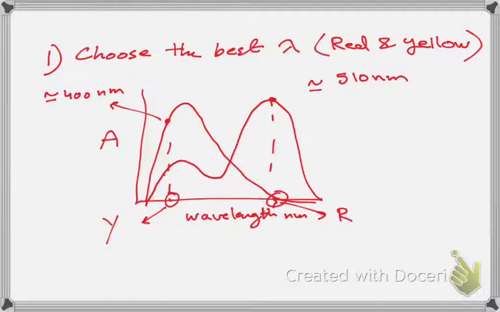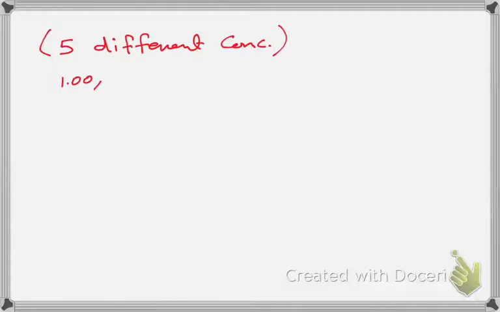We also made different solutions of the red dye and the yellow dye. We made 5 different concentrations, starting from 1, 0.80, 0.60, 0.40, 0.20 millimolar.